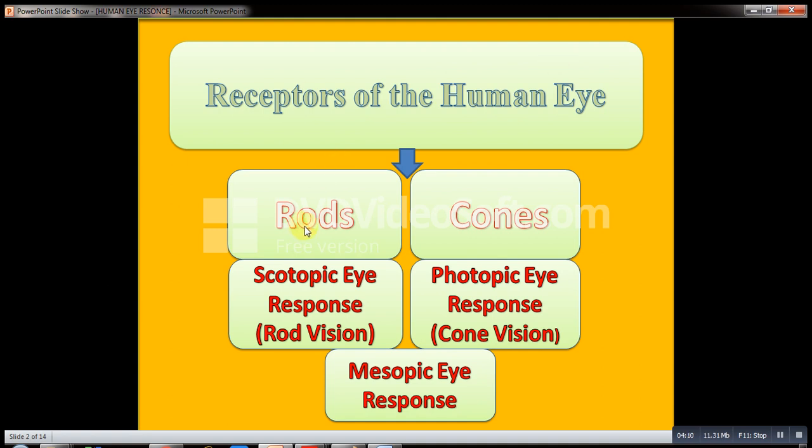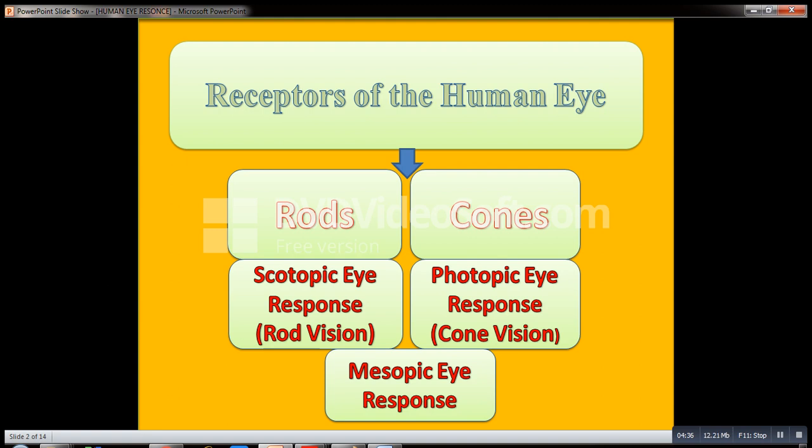The rods are responsible for scotopic vision, or rod vision. What is the meaning of scotopic vision? Scotopic vision is the vision of the eye under low light levels, as mentioned before. In the human eye, cone cells are non-functional at low levels of visible light.